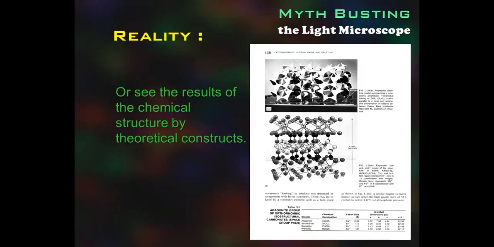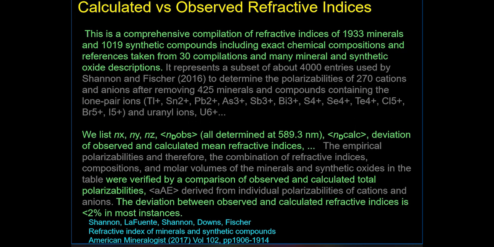There are theoretical constructs of the atomic arrangement within the crystal, giving rise to the passage of light and hence the optical properties exhibited by that chemical arrangement that allows a particular material to be characterized and identified. The Shannon, Fisher et al. research group has shown the structure and arrangement of atoms and molecules in crystals significantly affects the light transmission through the crystal, resulting in the observed refractive indices.